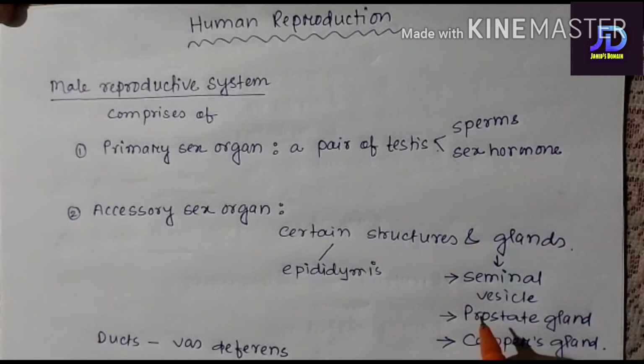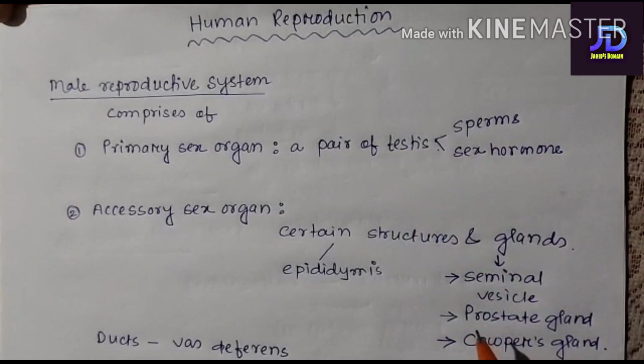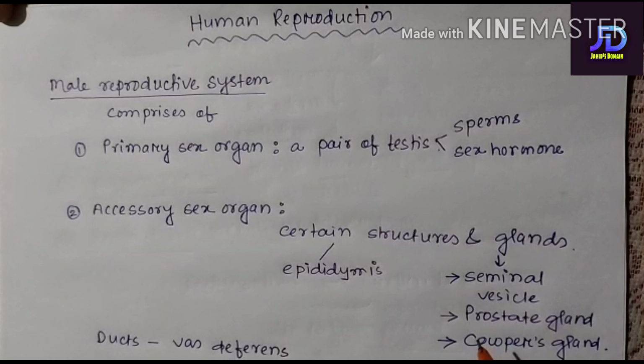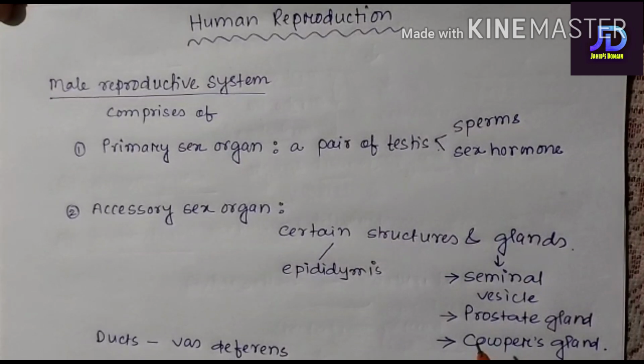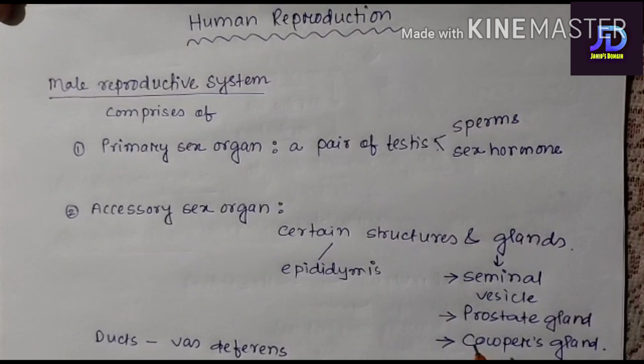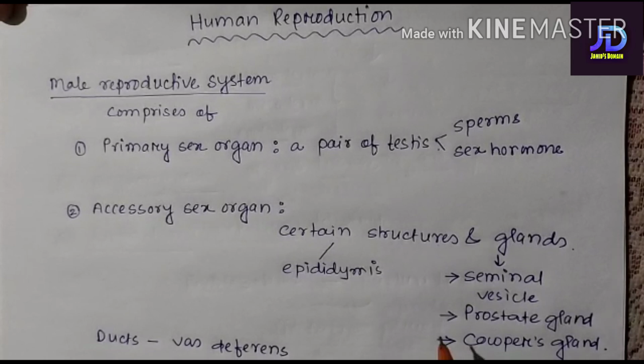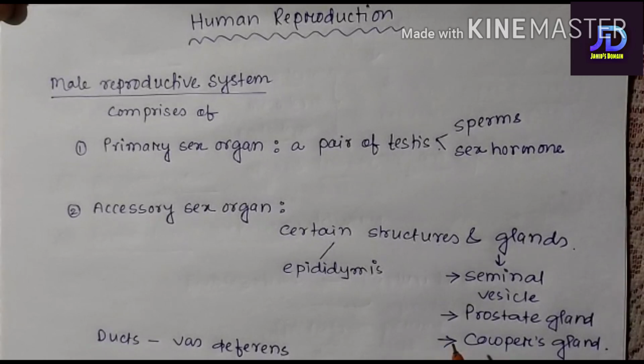Now, to help the primary sex organ, there are some helping organs, which are called accessory sex organs or helping sex organs. These accessory sex organs are certain structures and glands.